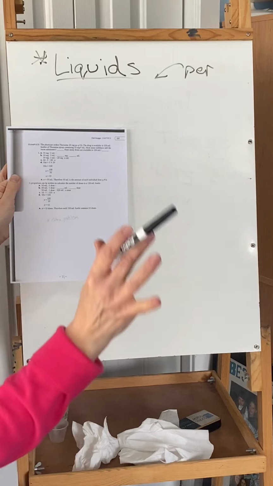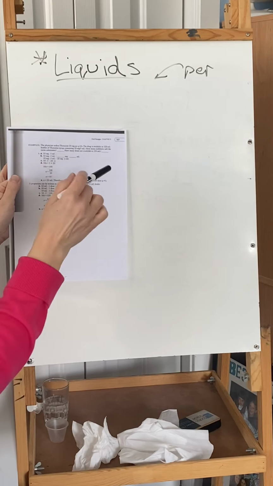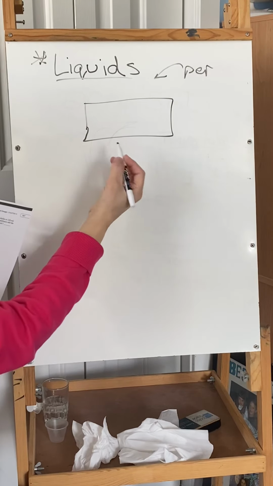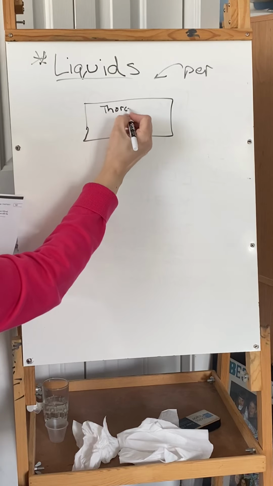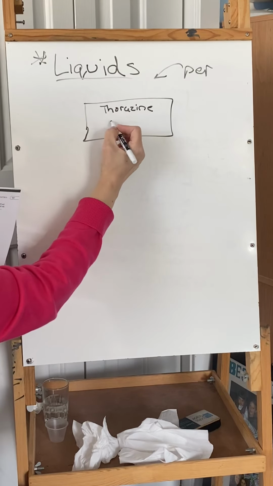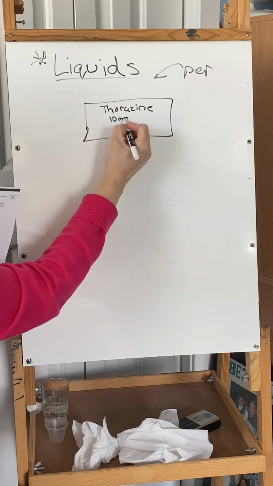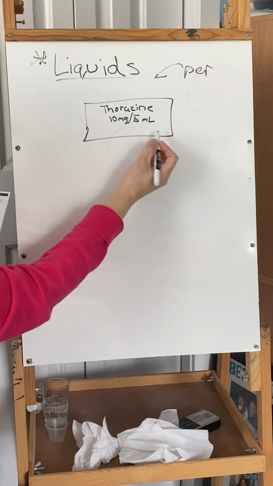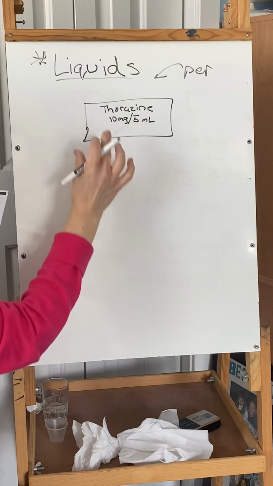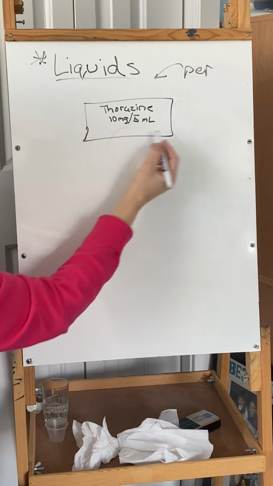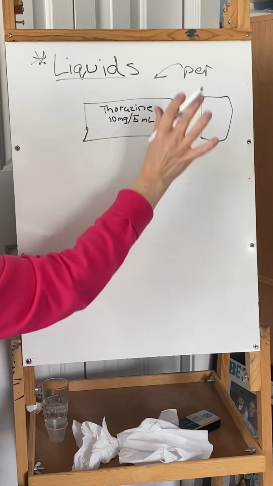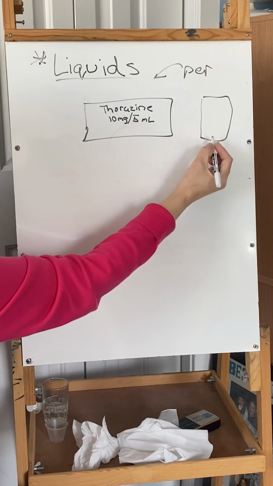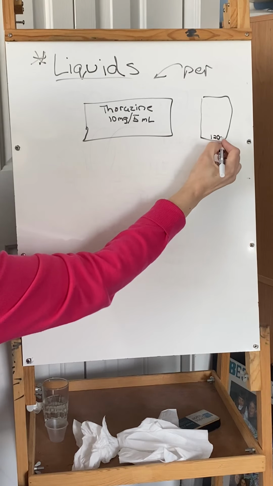There's a lot of extra stuff here, and they don't give you the label. But if they did, let's make a label here. It would say the name somewhere, Thorazine, and it would say right here, 10 milligrams per 5 ml. And then somewhere on the bottom, in fact, it probably isn't even on the label, but on the bottle itself, I'm not an artist by any means, it would tell you that the whole entire bottle has 120 ml.